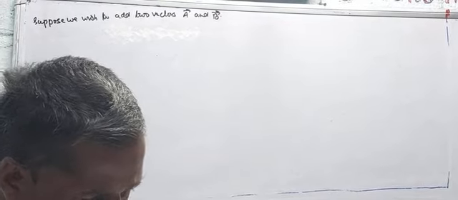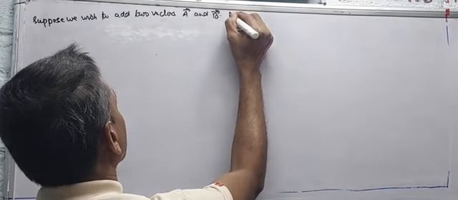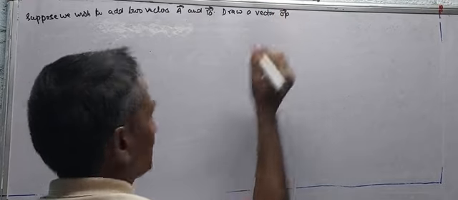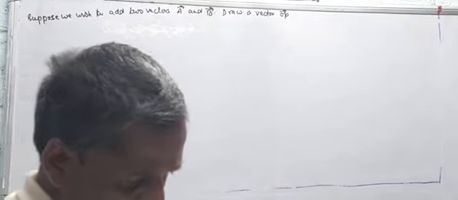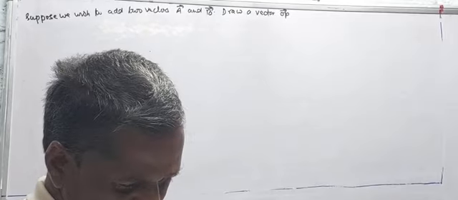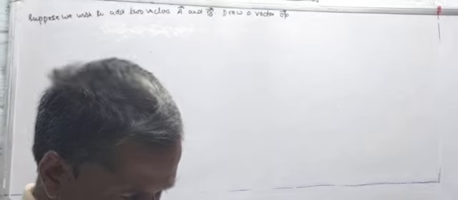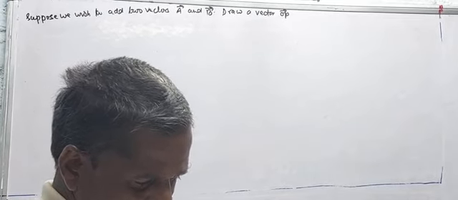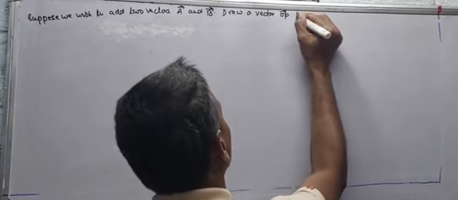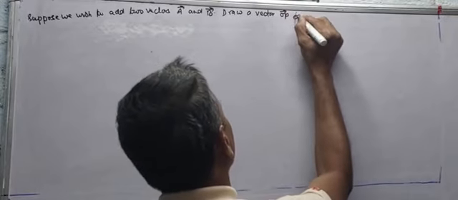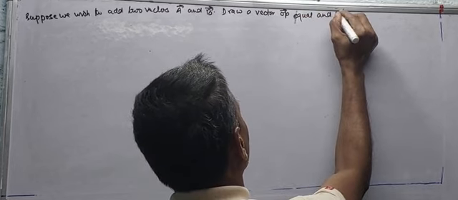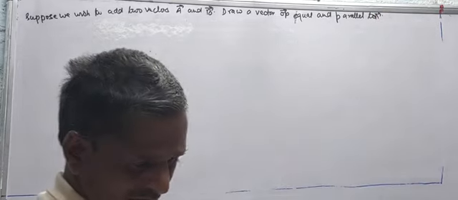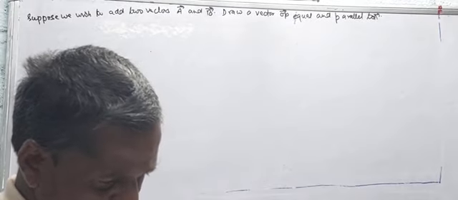Draw a vector OP equal and parallel to A vector.